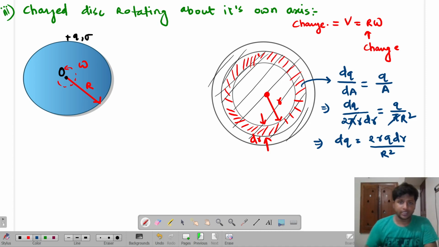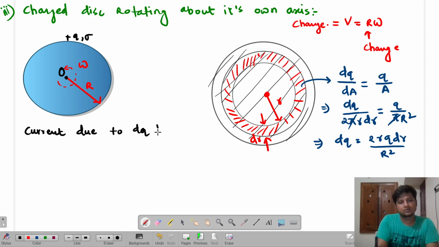And this dq is rotating. So the current generated due to this will be very small. The current due to dq is a small current di, which is dq by time period T. dq is 2 q r dr divided by R square.